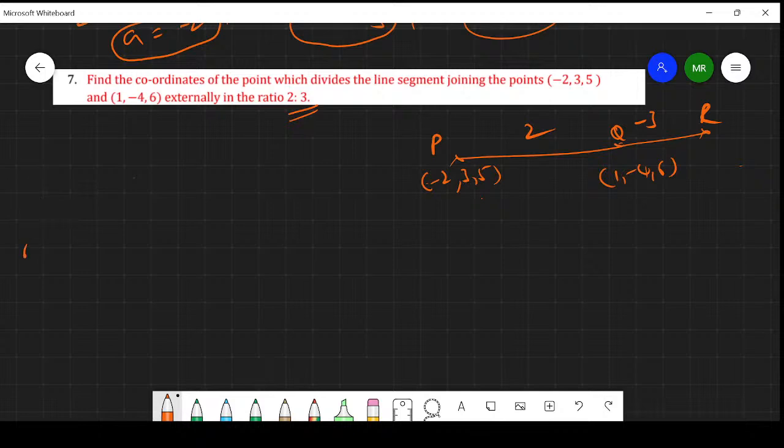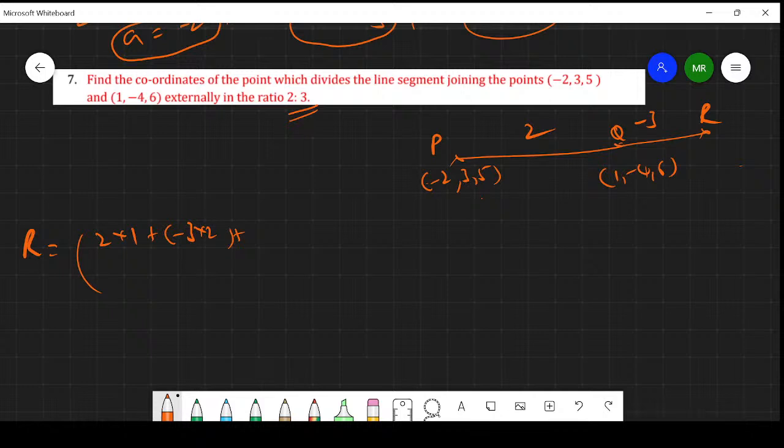The point R is equal to, x coordinate, 2 into 1 plus minus 3 into minus 2.